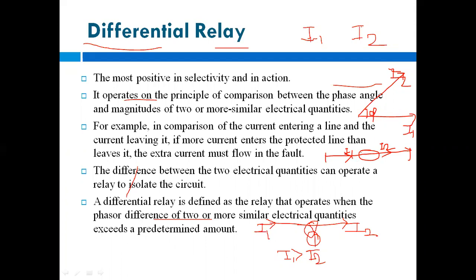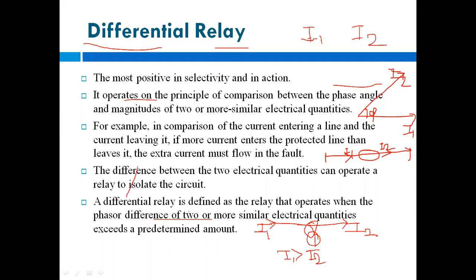If any fault occurs, there is a difference between the incoming current and outgoing current. But in a normal condition, if no fault has occurred, the entering current is equal to the outgoing current, means no extra or less current will flow through this equipment. This difference is taken, that's why it is called the differential relay.